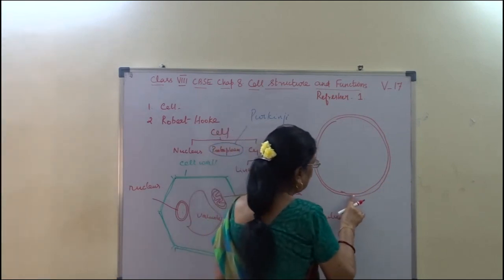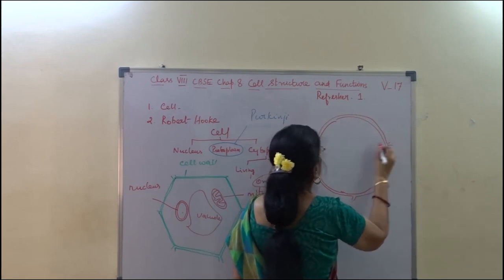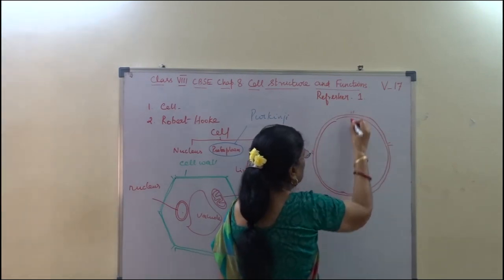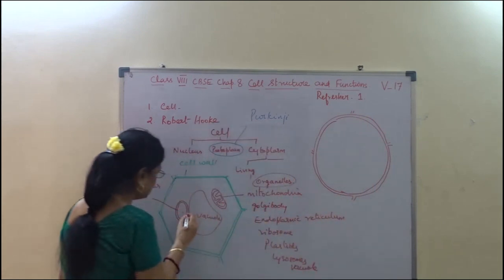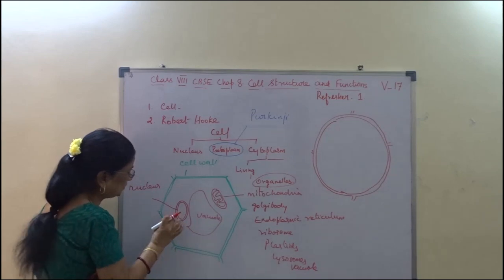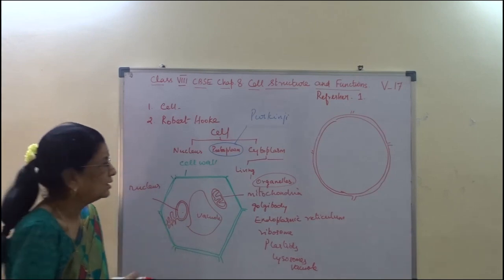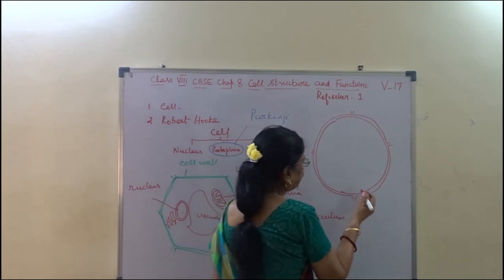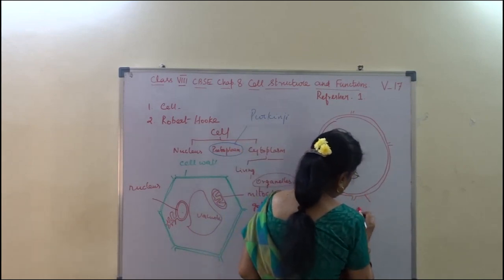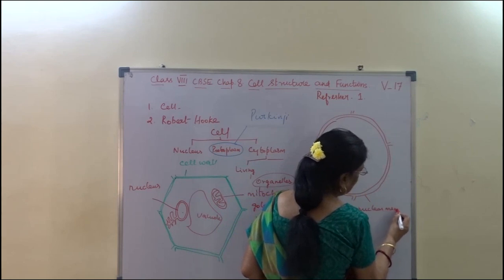The outer nuclear membrane has nuclear pores. This nuclear pore is in continuation with the endoplasmic reticulum. And then this is the nuclear membrane.